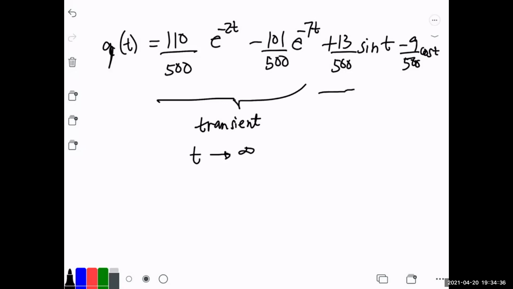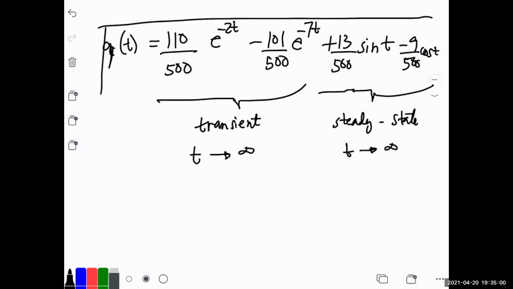And the second part with the sine and cosine function, this is our steady state part. So even if t goes to infinity, it will not die out, right? Okay, and the question there, oh, that's it. So we're not going to solve anything after this. So this is our final solution.